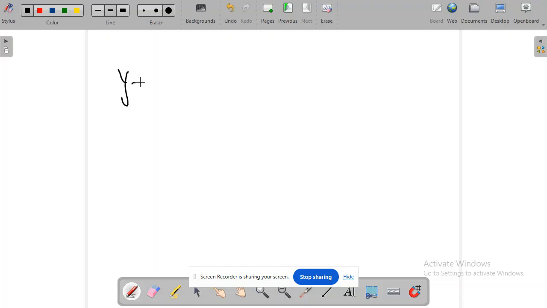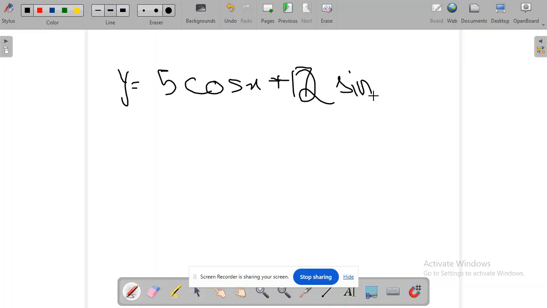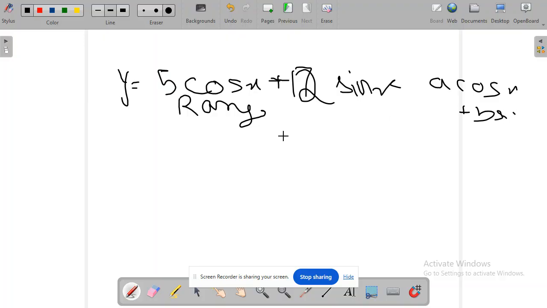I ask you a good sum right now. 5 cos x plus 7 sin x. I ask you now to find the range. Whenever you see things like a cos x plus b sin x, always remember this formula.